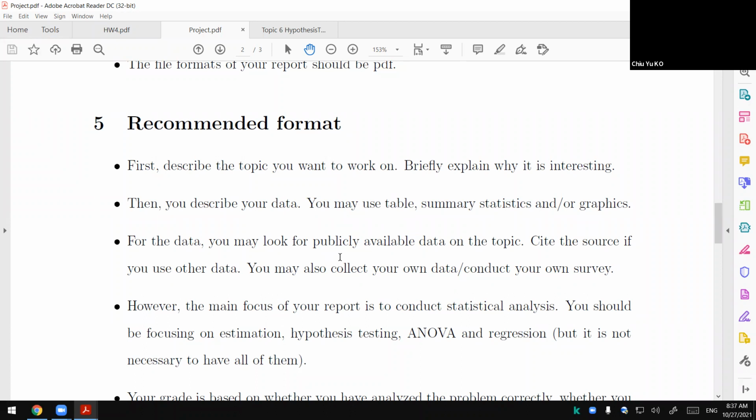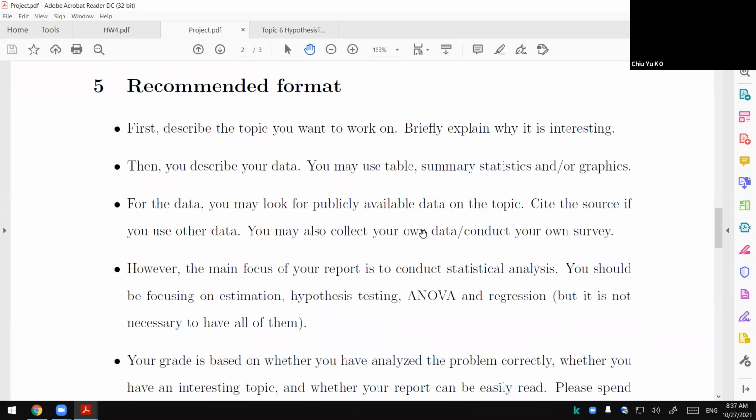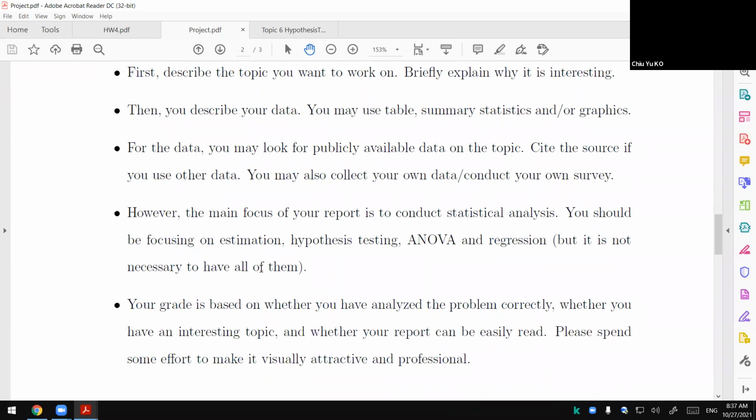And I don't care how you do it, but if you do it on your own, you just describe it in more detail later in the appendix, okay? The main focus of the report, besides presenting the data, of course, is to analyze it. That's the main goal. You really want to show how to do hypothesis testing.